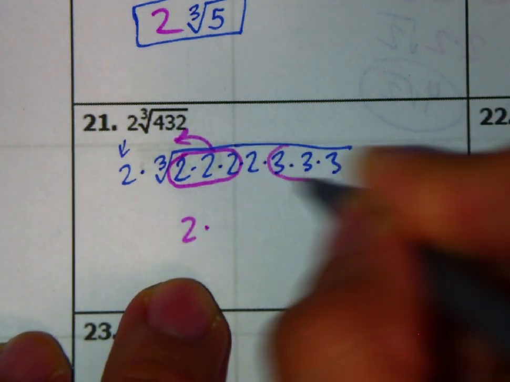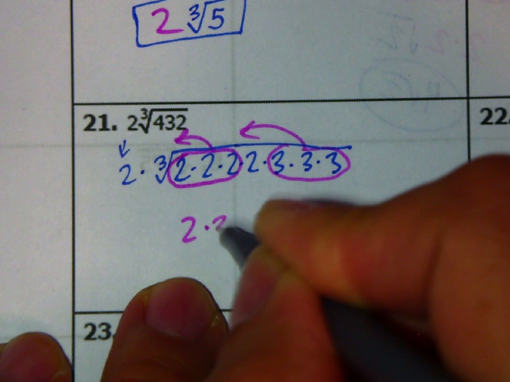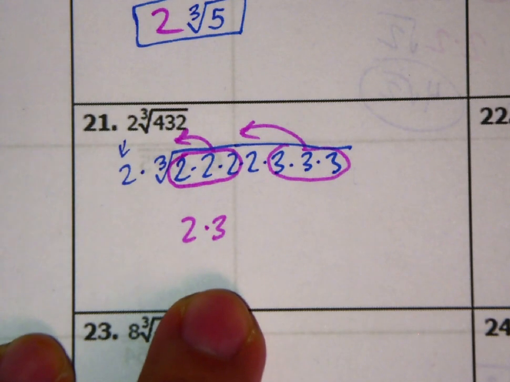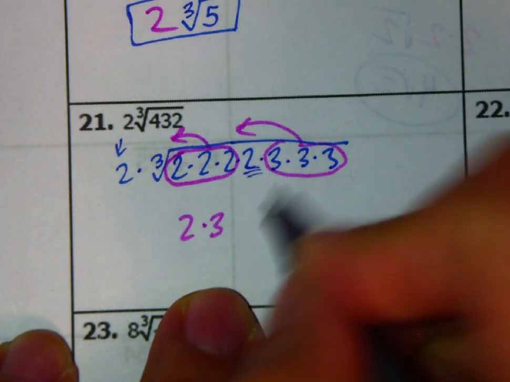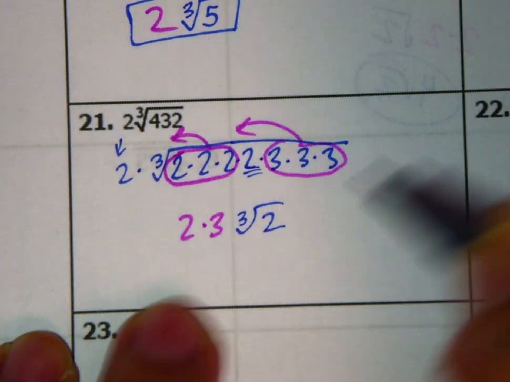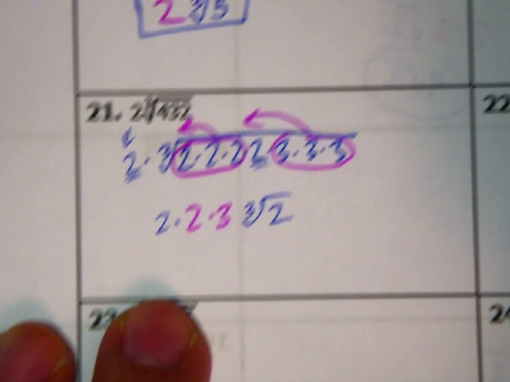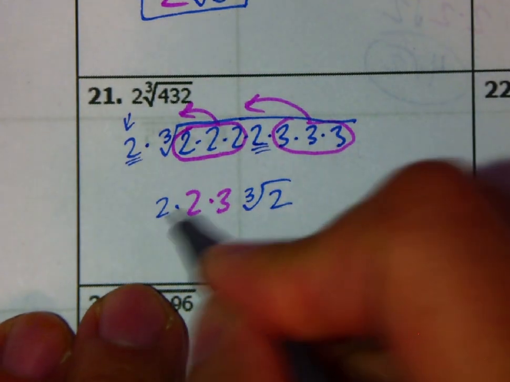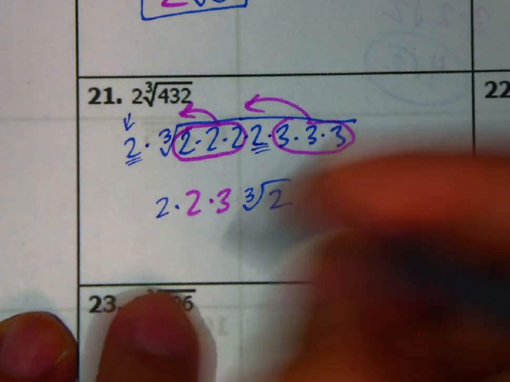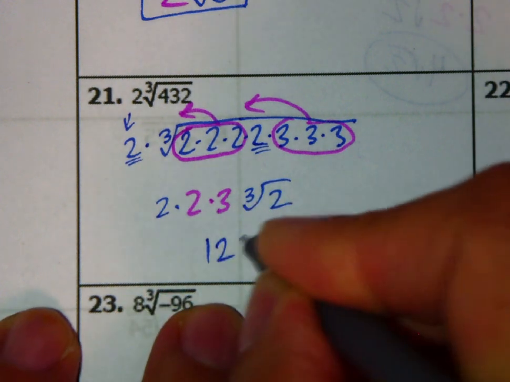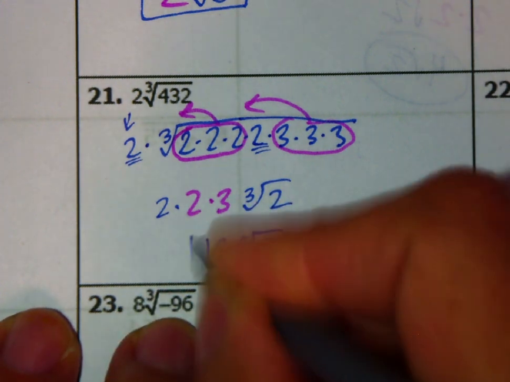And then there's a group of 3 right there, comes out. So on the inside, we still have this 2 right here, so we're going to have cube root of 2. And then on the outside, we have this 2 multiplying times those. So we're going to have 2 times 2, which is 4. 4 times 3, that's 12. And then cube root of 2.